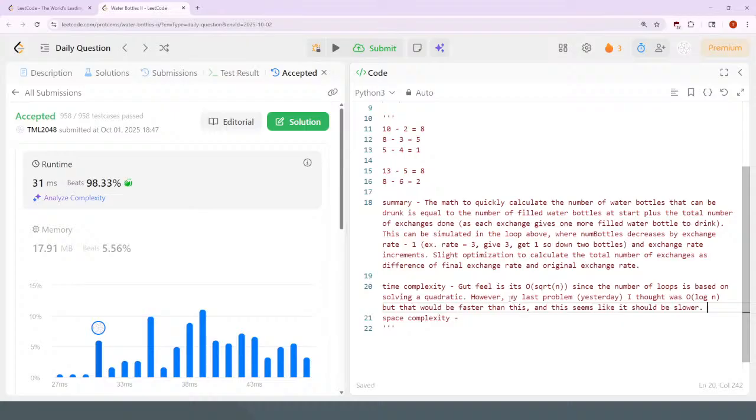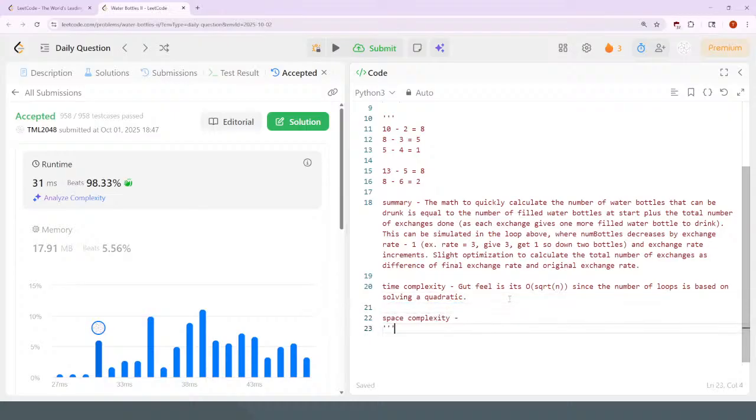Log of 100 is like 2, and the square root of 100 is 10. I guess maybe there was a different calculation in the last one. Never mind.